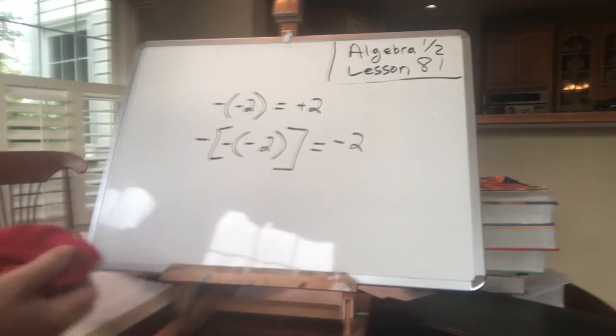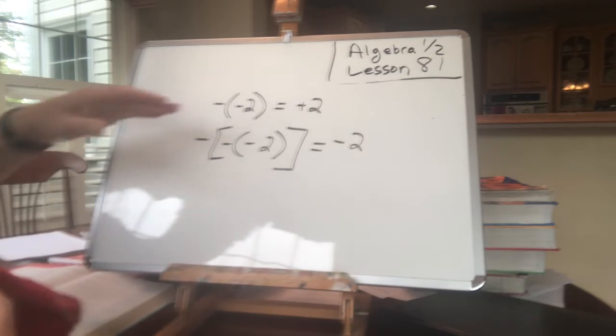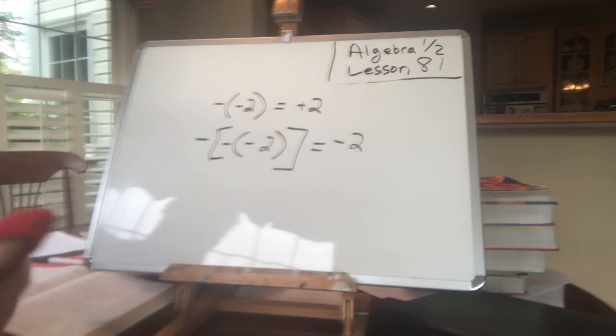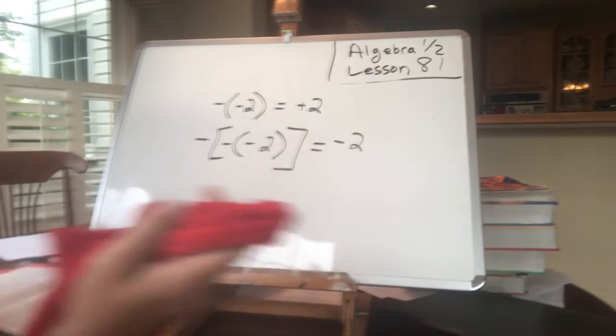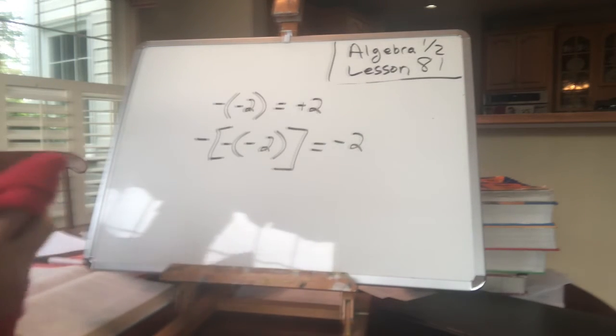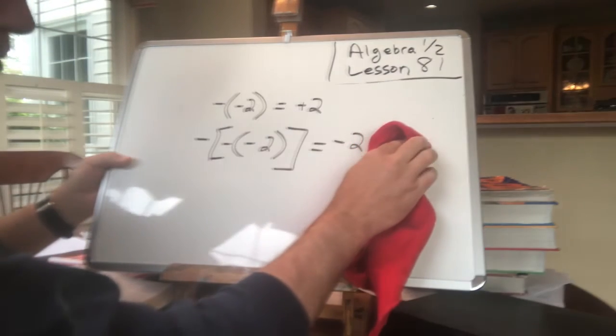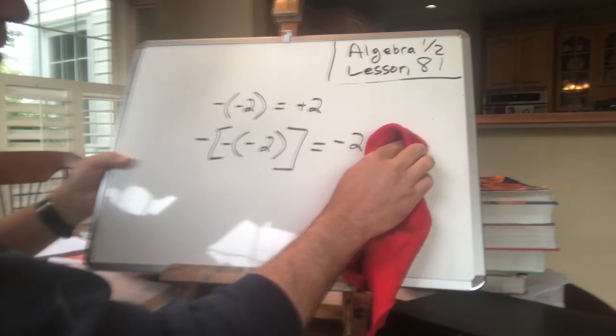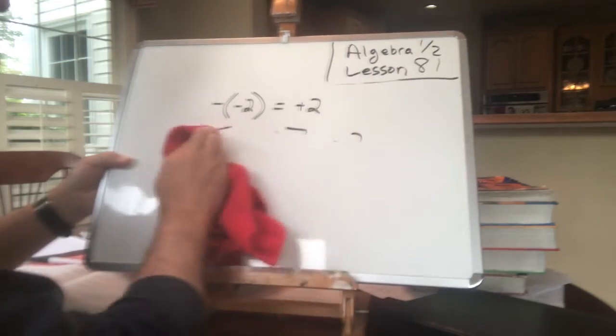If we have an even number of negative signs, if we have 4 negative signs, it's going to be positive. If we have 6 negative signs, it's going to be positive. Okay? 3, 5, 7, it's going to be negative.